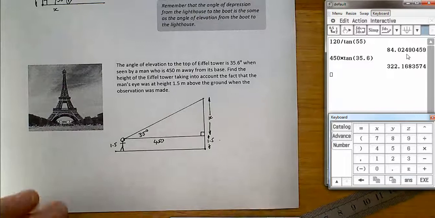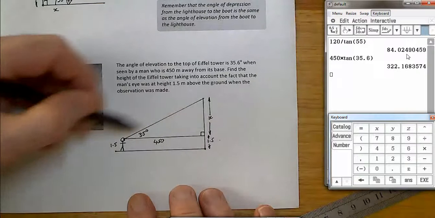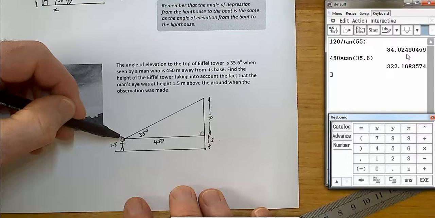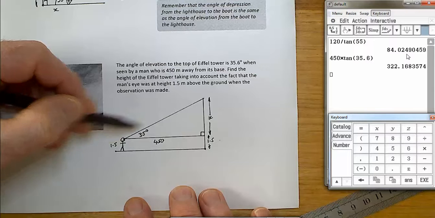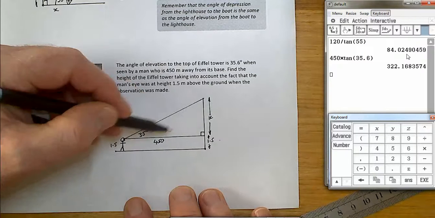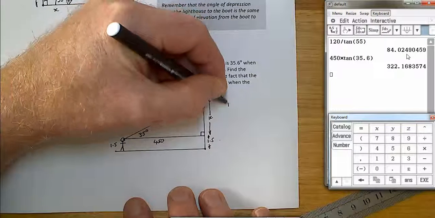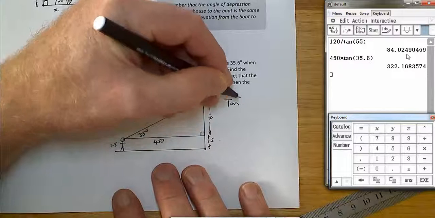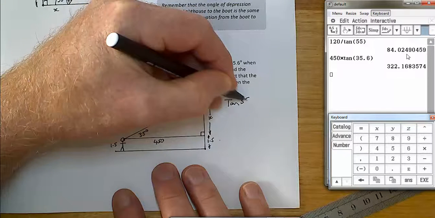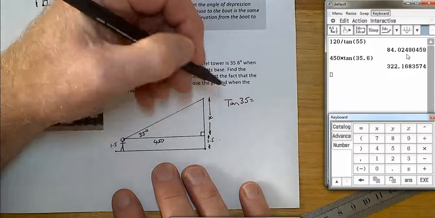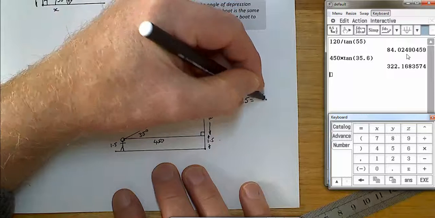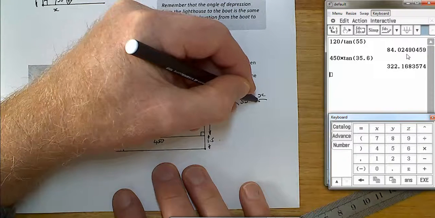So let's do that. Looking at this triangle here, I say to myself, which sides are involved? It's the opposite and adjacent. Now, opposite and adjacent are connected by the tan. So the tan of 35 is equal to opposite x over adjacent 450.